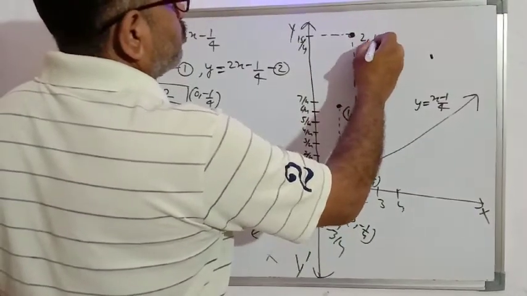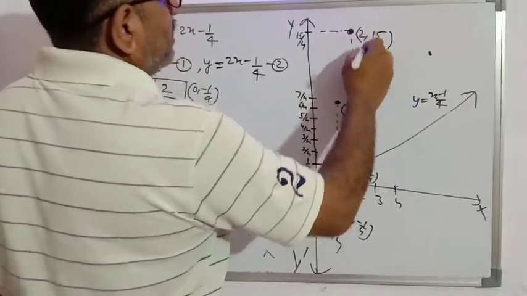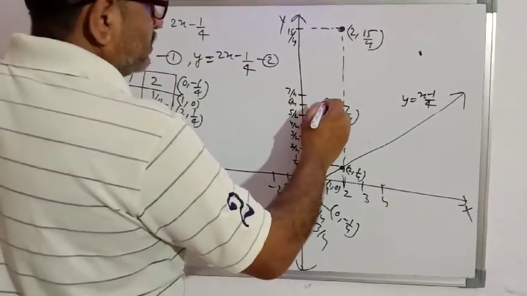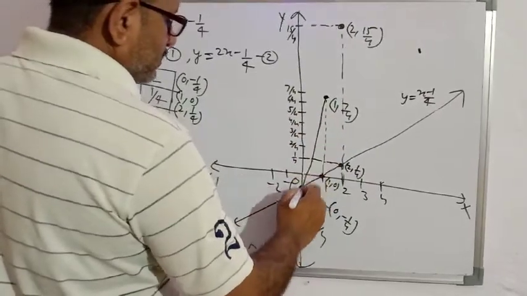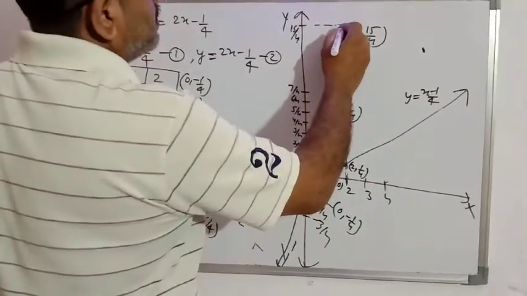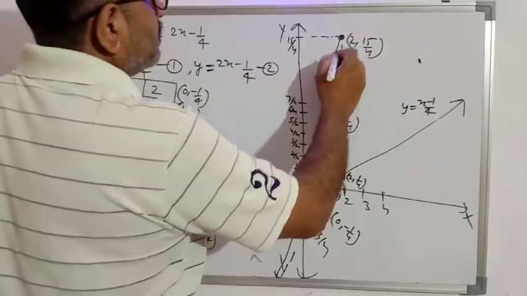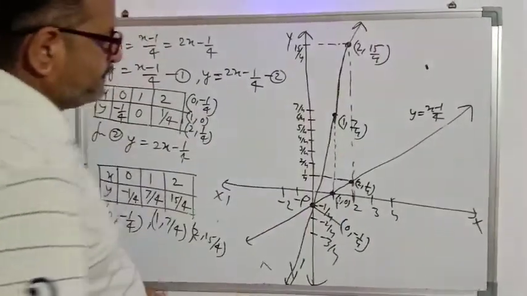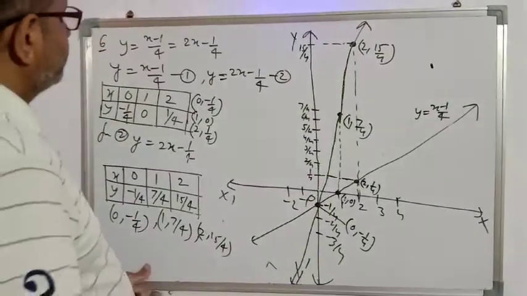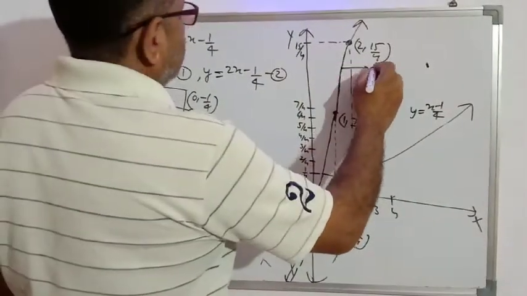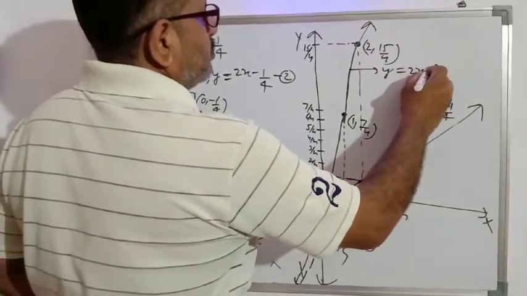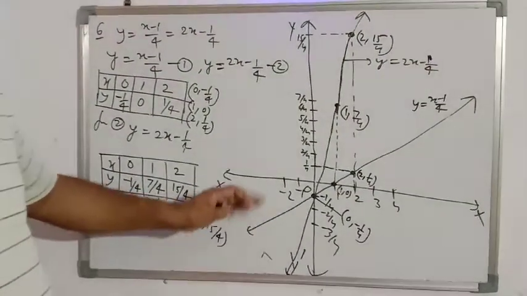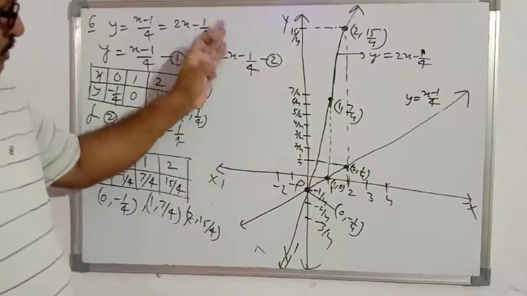This point is 2 comma 15 by 4. Join these points, and it is the second equation, y is equal to (2x minus 1) by 4. So we have plotted here the graph for both the equations.